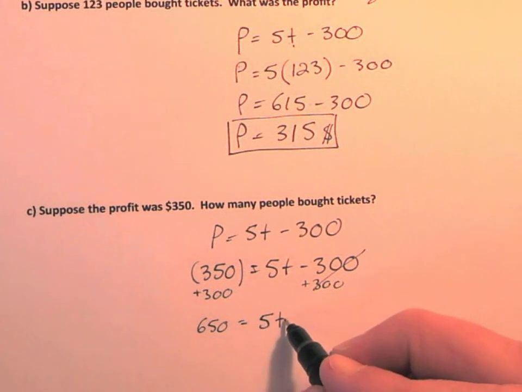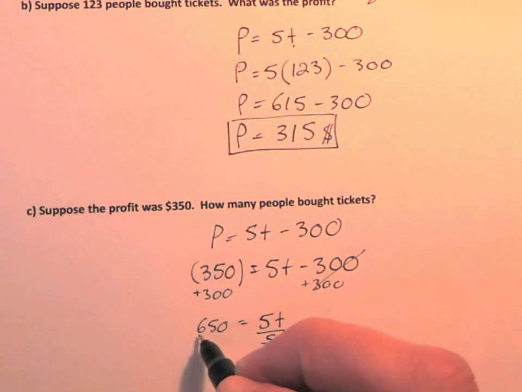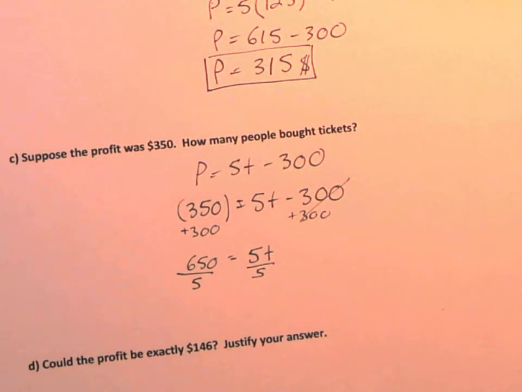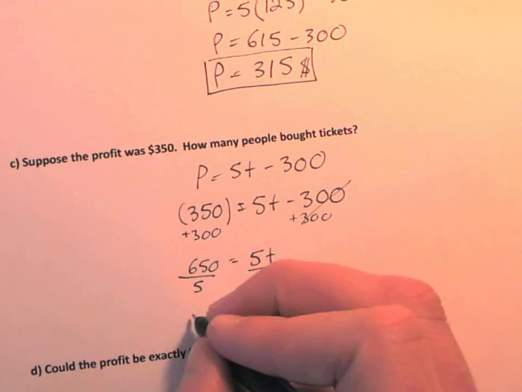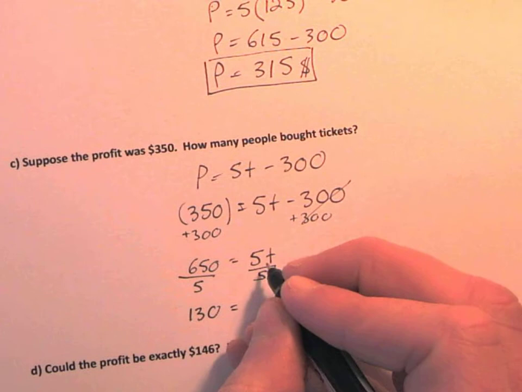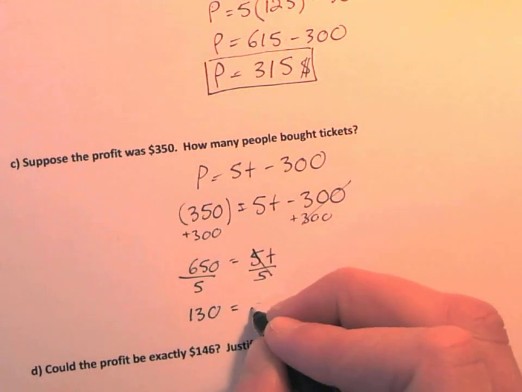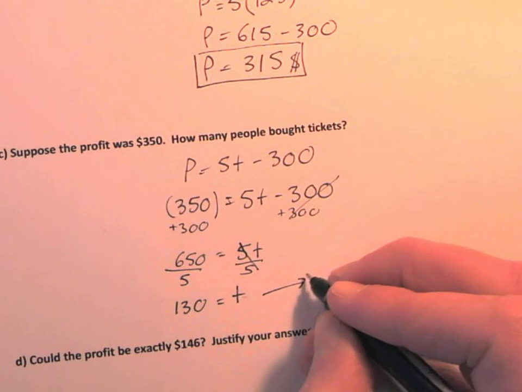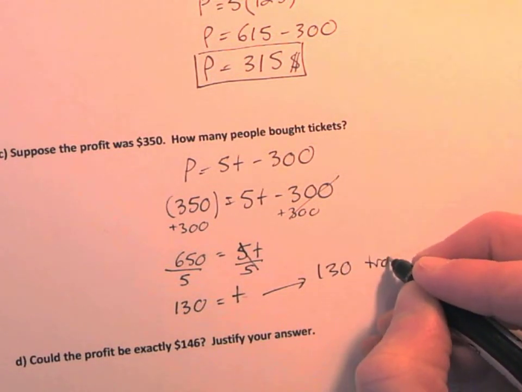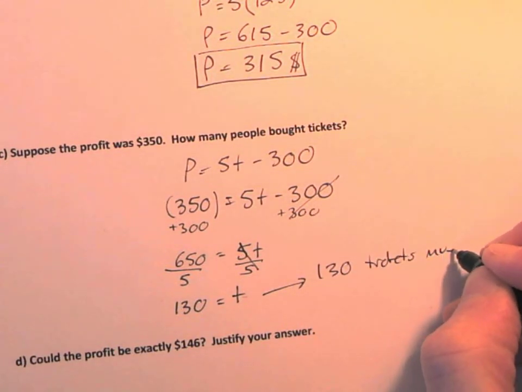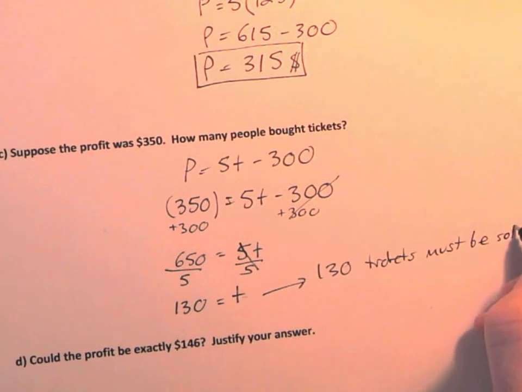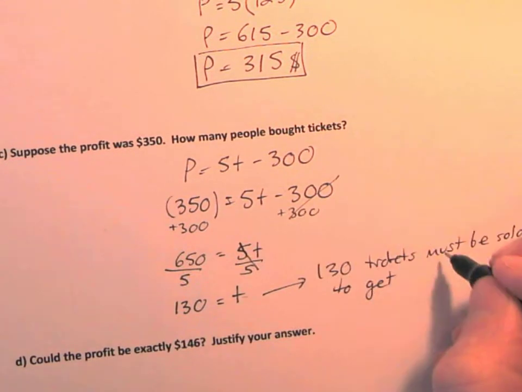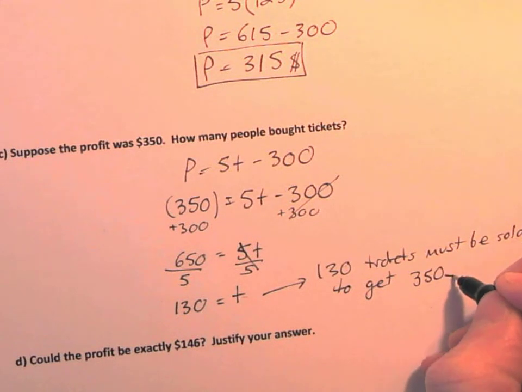Now, since 5 is multiplying T, we must divide by 5 to both sides. And then now we have 650 divided by 5 is 130, and then 5 divided by 5 is 1, so we get T. T is equal to 130. This means 130 tickets must be sold to get our $350 of profit.